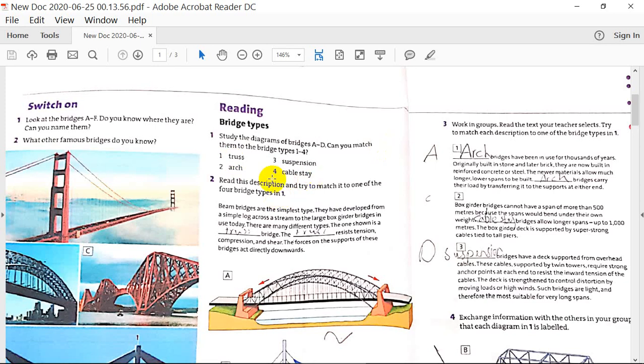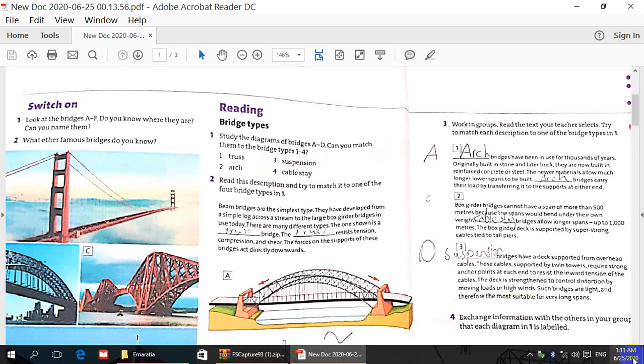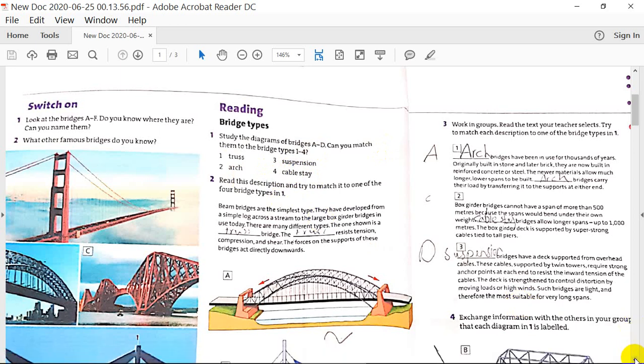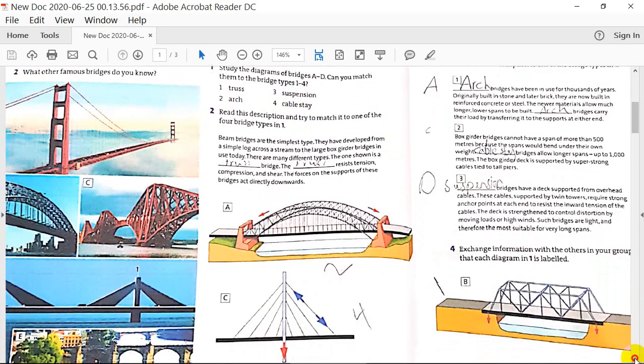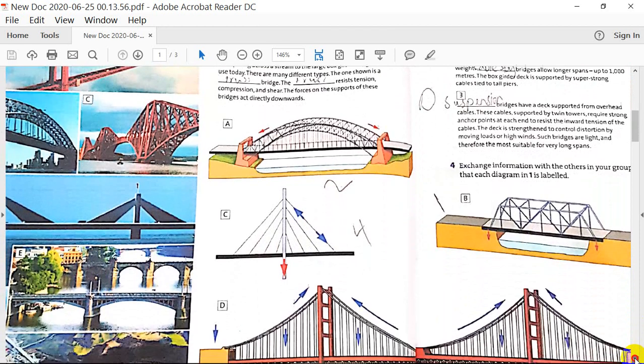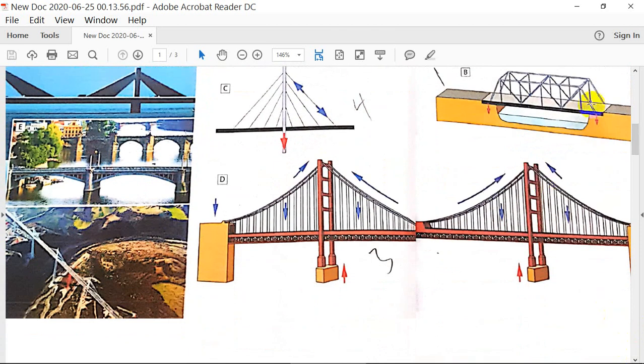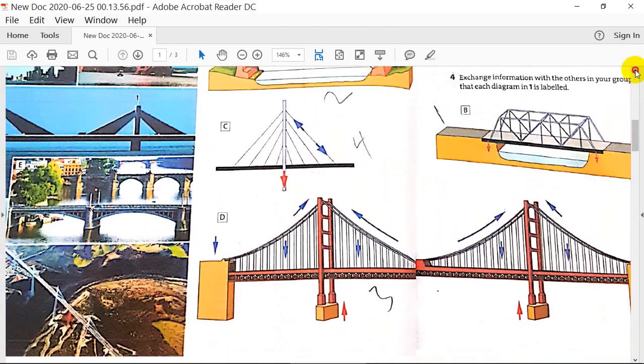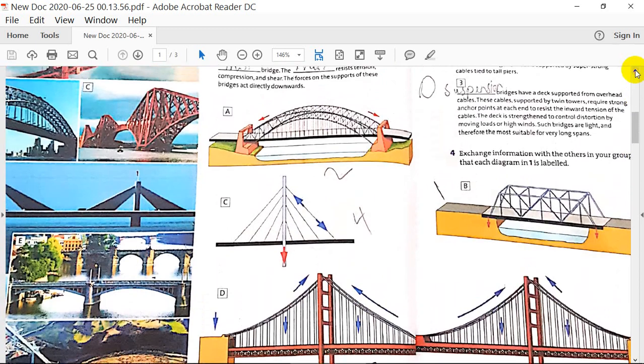So they are the names of 4 kinds of bridges, and now we have here 4 photos, 4 diagrams. We are going to match them with this diagram.